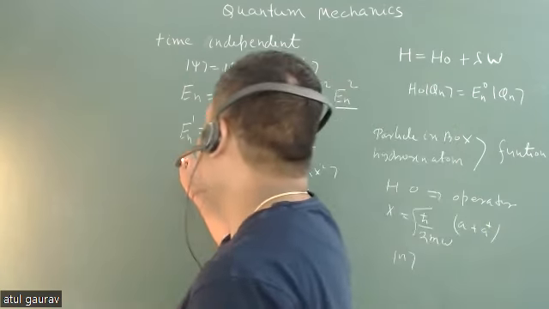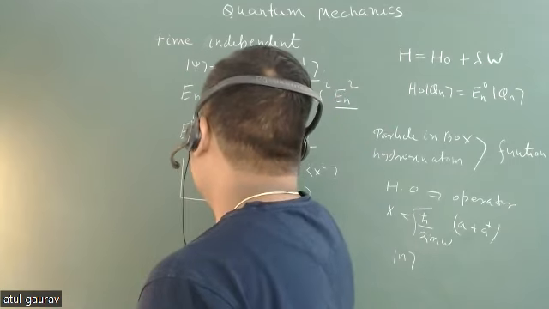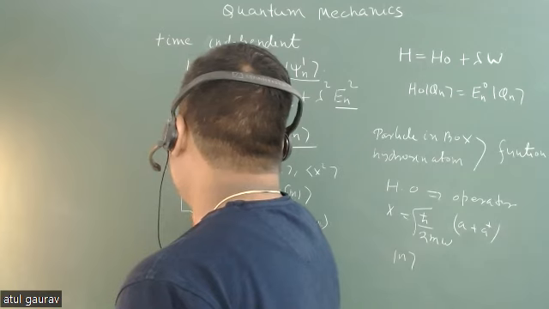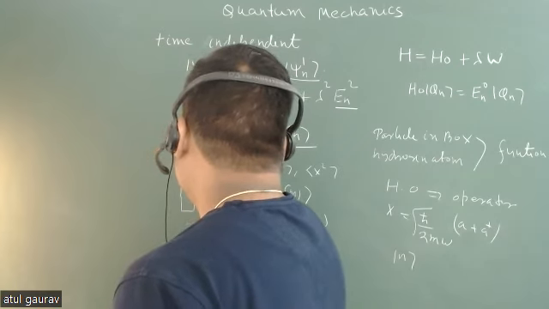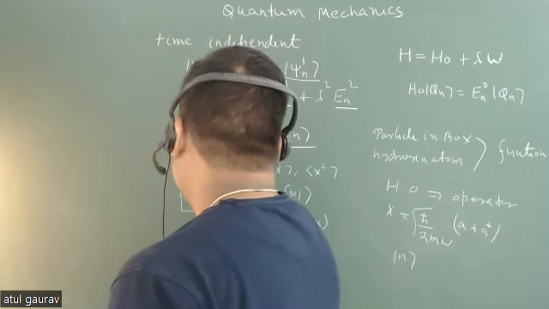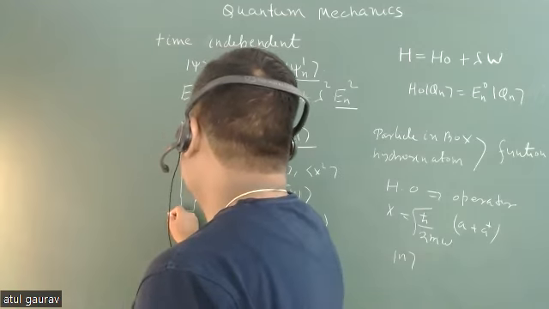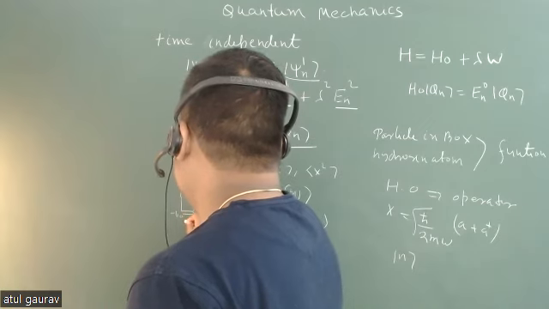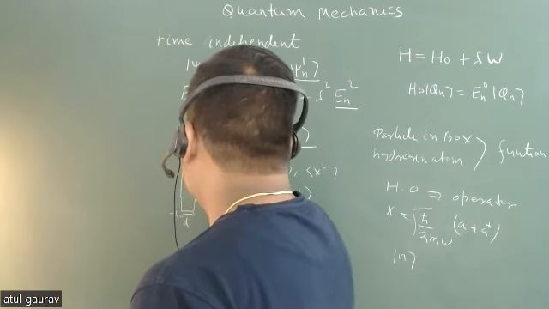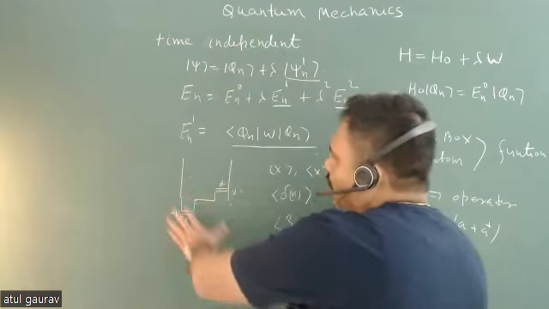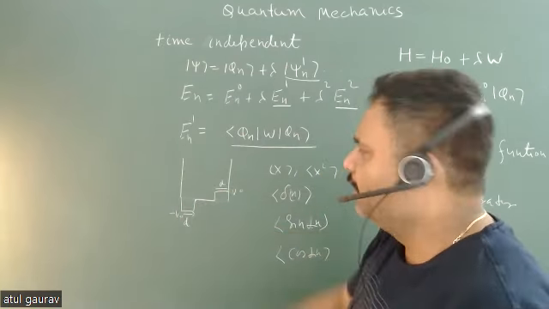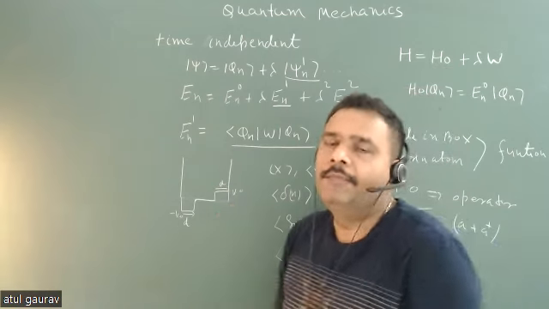Suppose in the examination, in the particle in a box, they have given you this type of potential. So this will be minus V naught, this will be V naught, and this is distance D. This also has distance D. So how will you go for this type of potential? This type of potential is very interesting and very important.